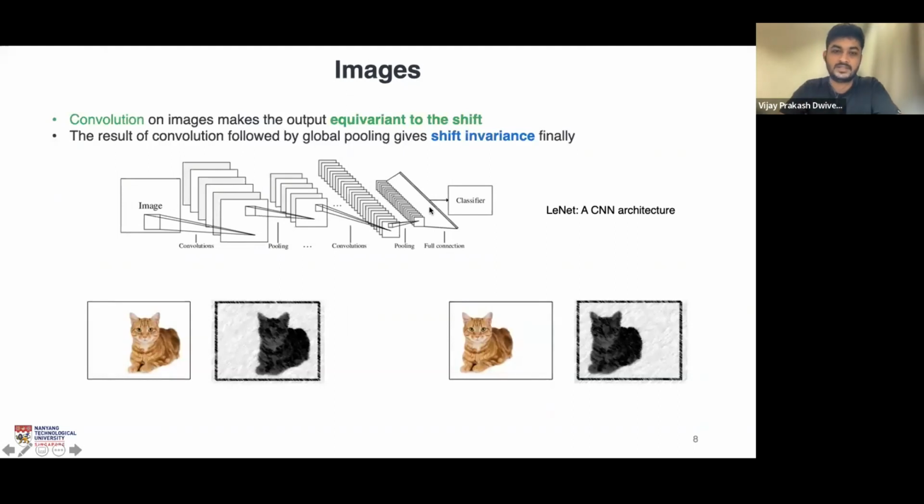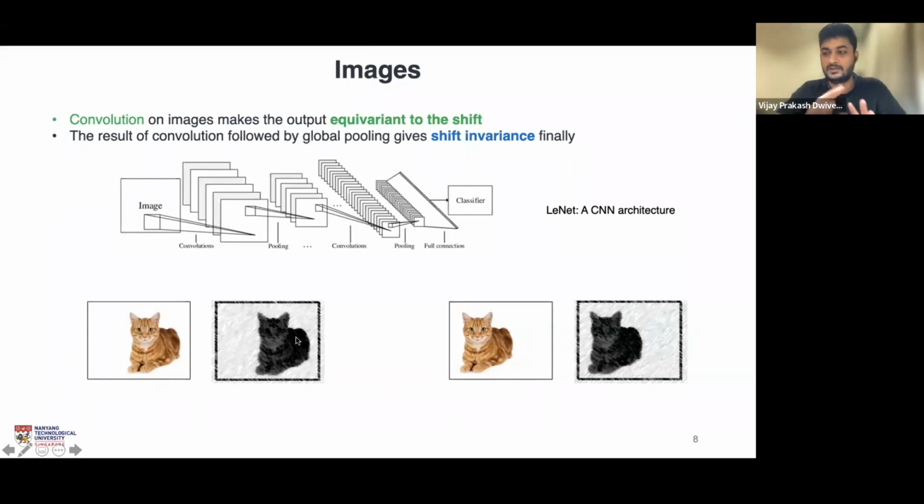which does the pooling, it enables shift invariance. On images, if we are doing, for example, a segmentation task, we don't want this global pooling, because we want the final output to be equivariant to the input. When we shift the image, the same translation should be reflected on the output.